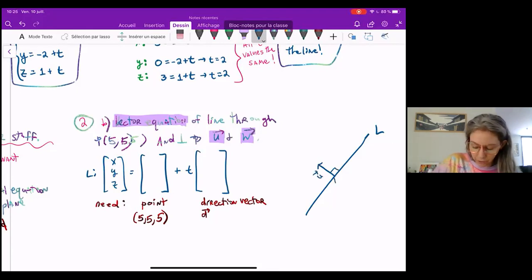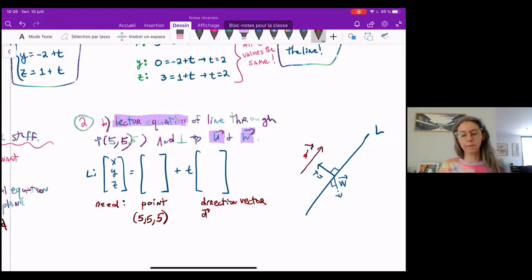And I have some vector, I'm sorry, W, and W is also orthogonal to the line. And what I need is my direction vector. Now remember, direction vectors are parallel. So I need this vector that's parallel to my line.